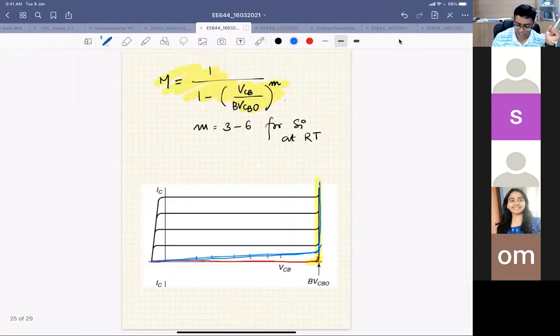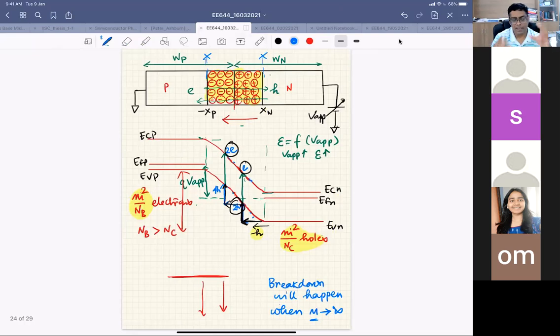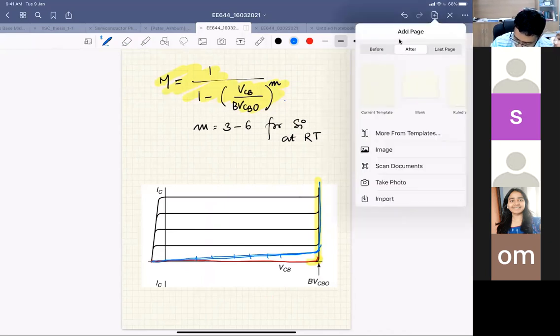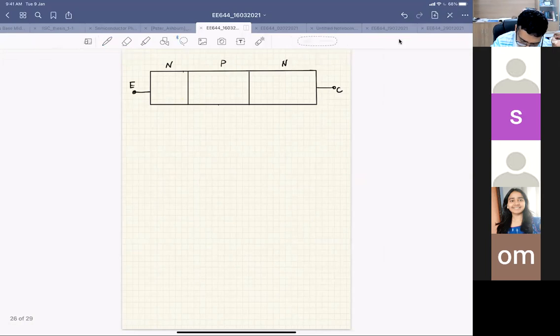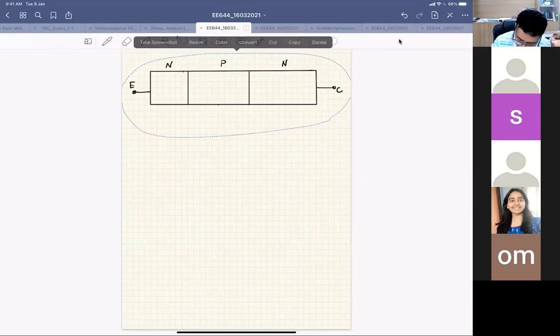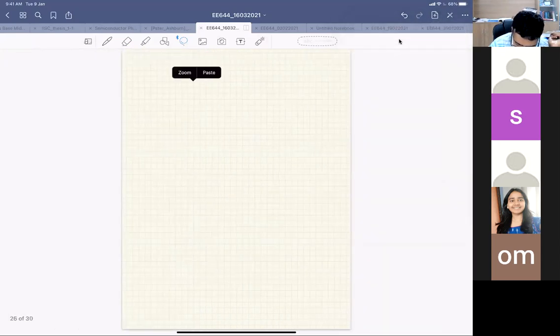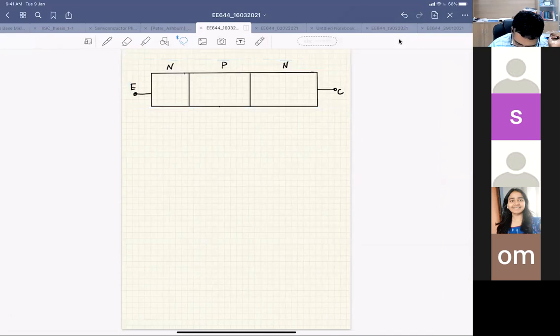Again, now you could also see what happens if I forward bias. Let's say my emitter is grounded, so I am giving voltage to VC, and the base is open.